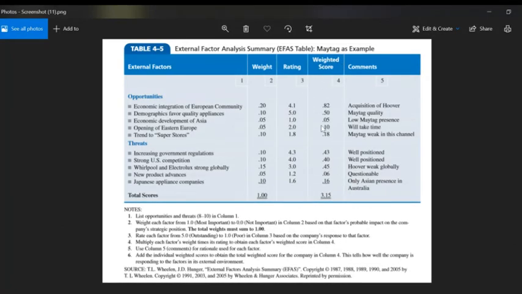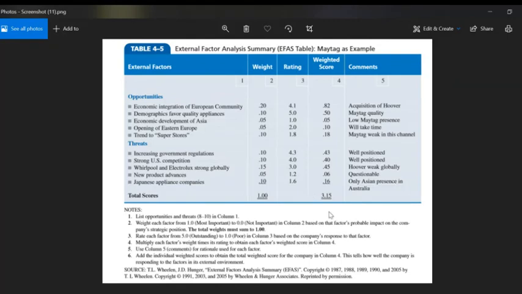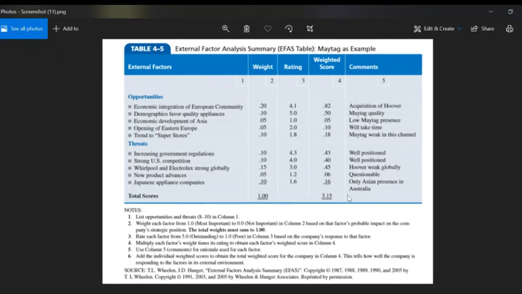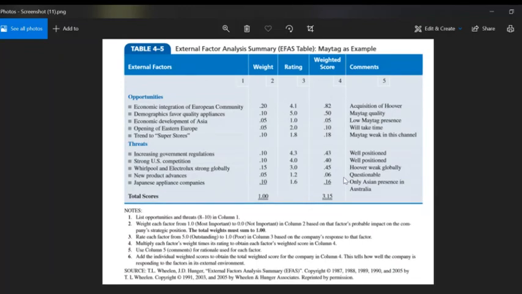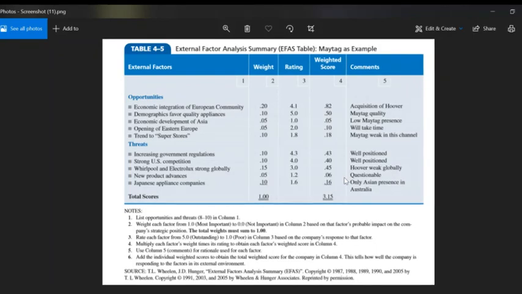And after that, the weighted score: multiply the weight and rating like this, and sum the weighted scores. Okay, after that we have the weighted score. The weighted score of Maytag's EFAS is 3.15. It means that the corporation was slightly above average in the major home appliance industry at that time.